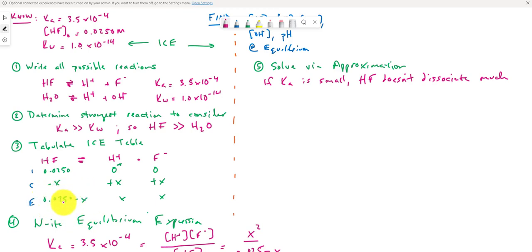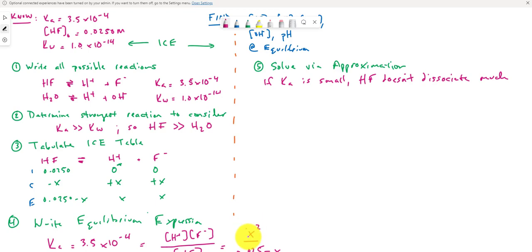If we're trying to figure out what the equilibrium concentration of HF is, it's going to be whatever its initial concentration is minus that change X. But if K is really tiny, then X is also tiny. And if you're subtracting a tiny number from a bigger number, it may be inconsequential. And so our first approximation is Ka is tiny, X is tiny, and it's inconsequential in this equation down here.